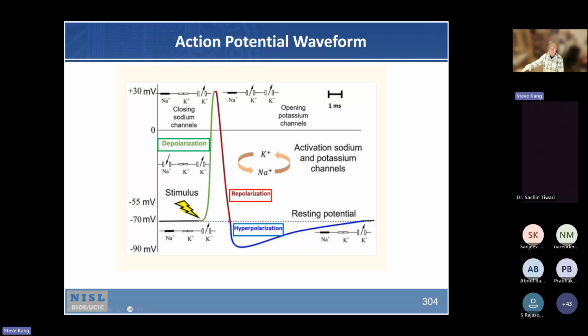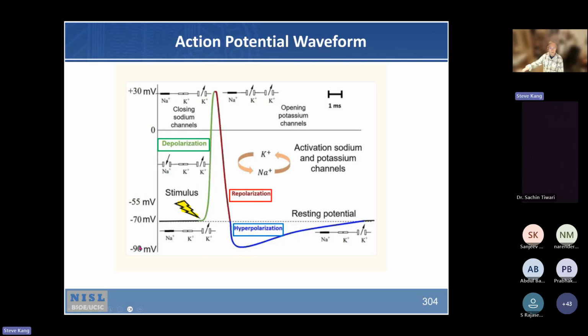And then it goes below this level, hyperpolarization here. And then it increases slowly to reach this level, the resting potential. So that's a really accurate action potential. That's a biological case. What is happening here is the activation of sodium and potassium channels.